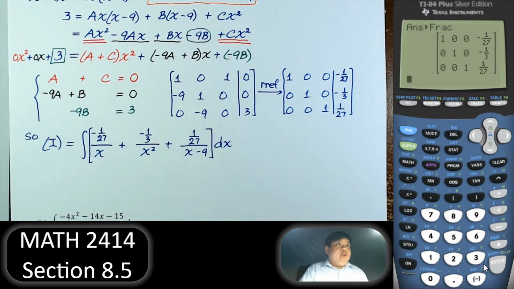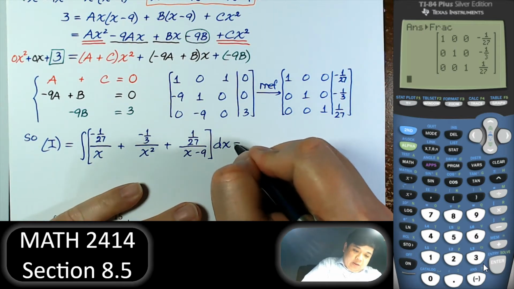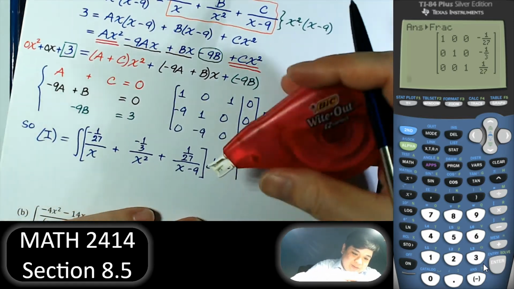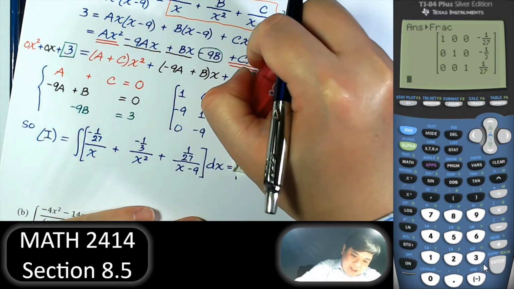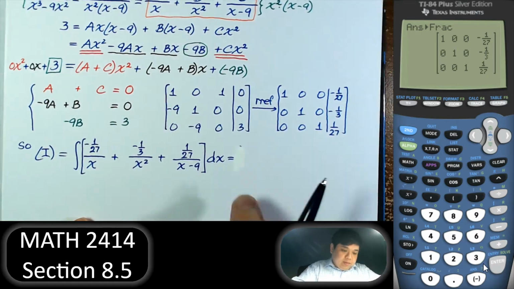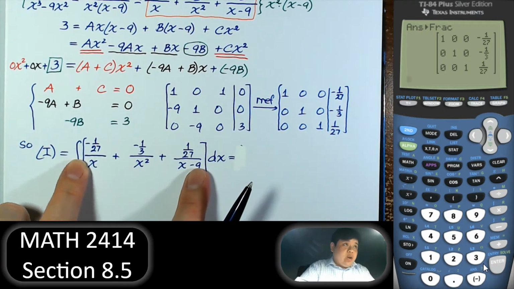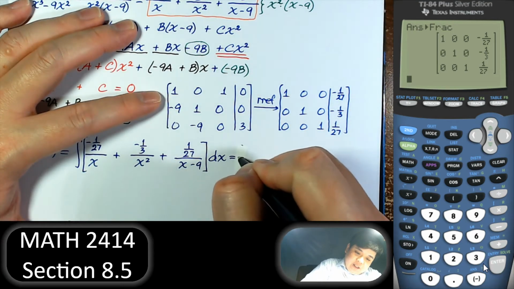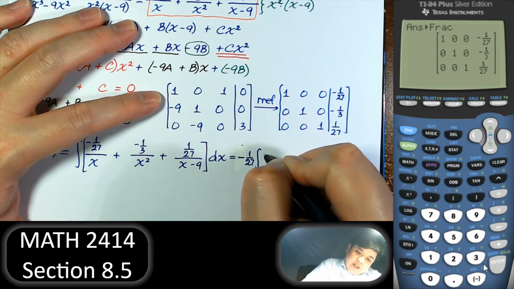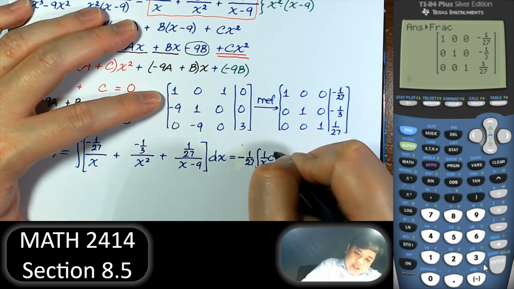Right. Now for this, we can split the integral as follows. Split the integral, take out the constant. Negative 1 over 27, integral of 1 over x dx.